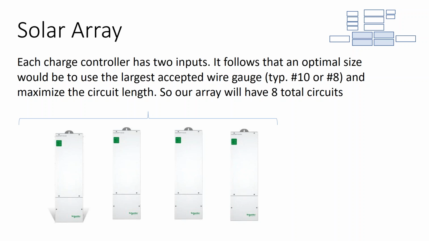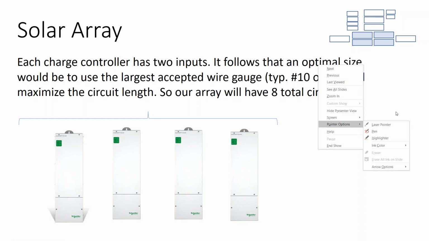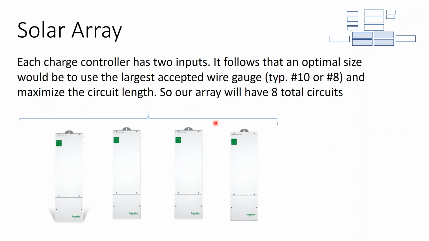With solar, you're generally going to be upsizing. You might do your voltage drop calculations and find that you only need number 14 or number 12. Most solar installers are going to upsize to number 10. In this case, the solar charge controllers have landing terminals that could go all the way up to number 8.